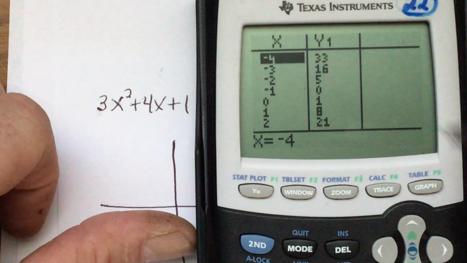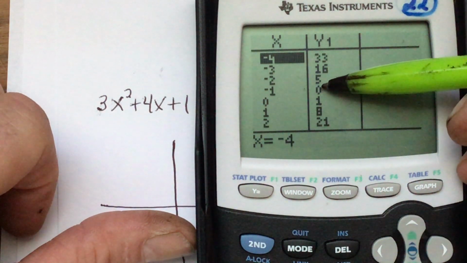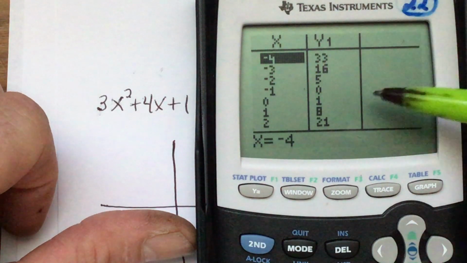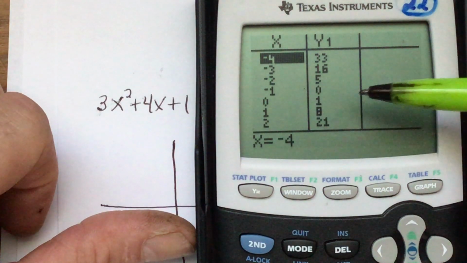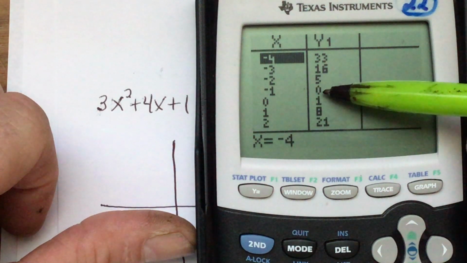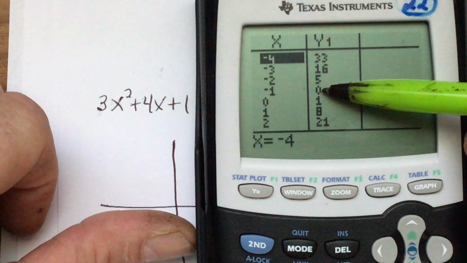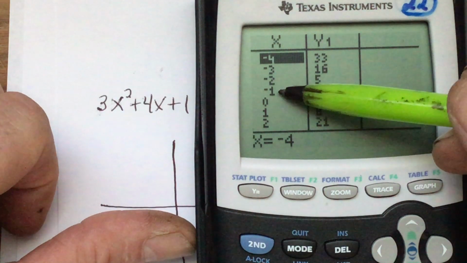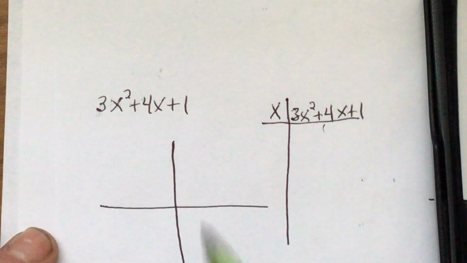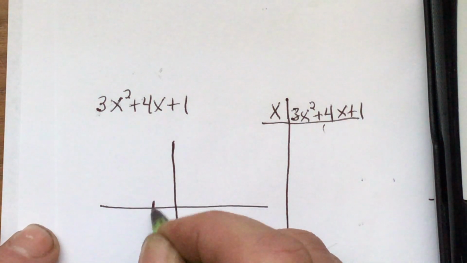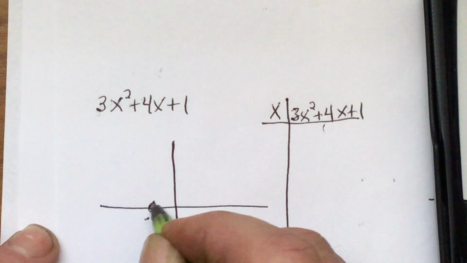If you'll notice, here's the 0, and when you go up, the numbers get bigger. And then go back to 0, and when you go down, the numbers get bigger. That's telling me that this turns here somewhere around -1 on the x. So I'm going to use that point, -1, 0. So here's -1, 0.